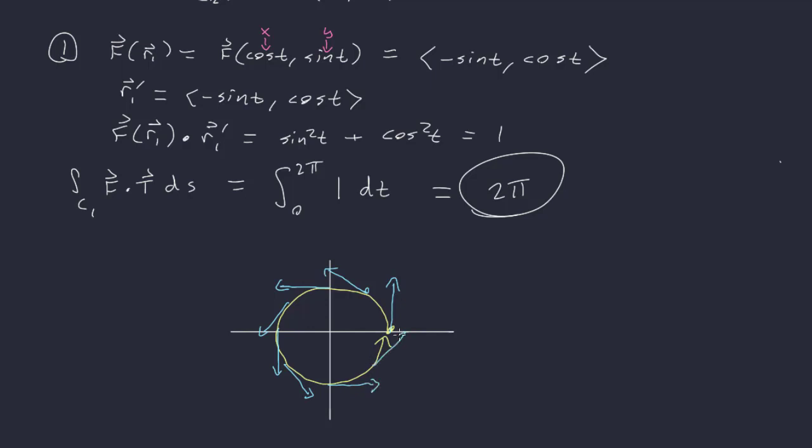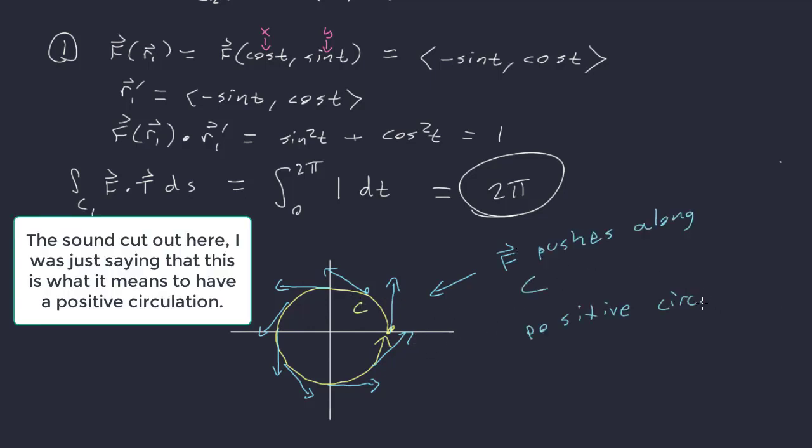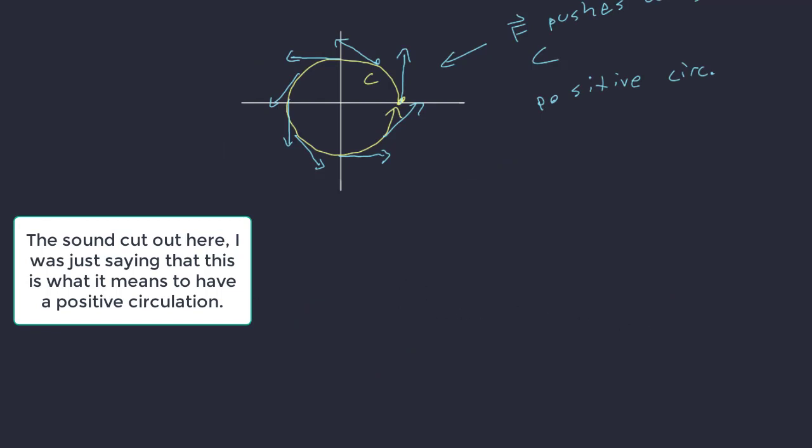Okay, so in this case, F pushes along the entire path C. All right, my audio cut out here, but I was just saying that if F is pushing along C the entire time, then that means we have a positive circulation.